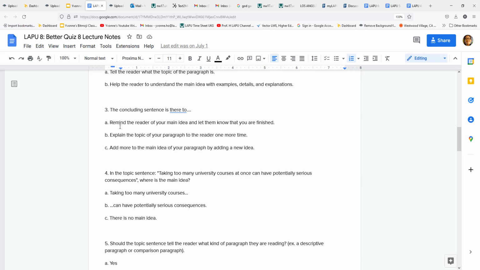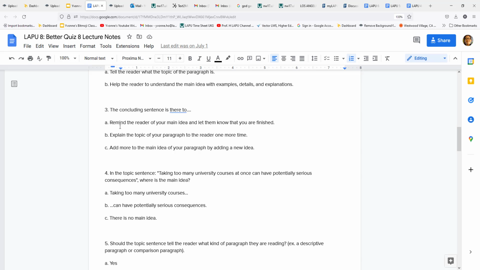Other kinds of cancers that are caused by excessive smoking is throat cancer. See, so I'm moving on to the next subject, and I'm indicating that I'm done with my smoking and lung cancer paragraph, and I'm moving on to my throat cancer paragraph, and that's what the concluding sentence indicates to the reader, that the paragraph is finished.